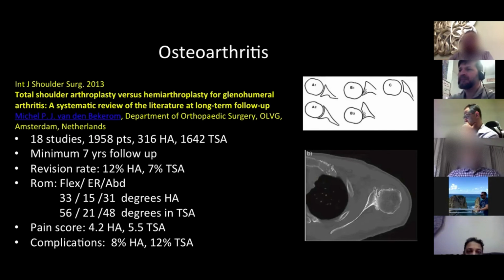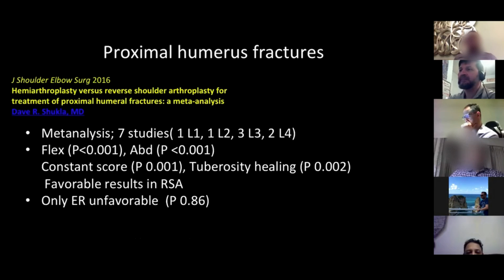Complications were slightly higher in the total shoulder arthroplasty group. So the authors concluded that total shoulder arthroplasty results in reduced revision rates, better pain scores and range of motion, but a trend to more complications.